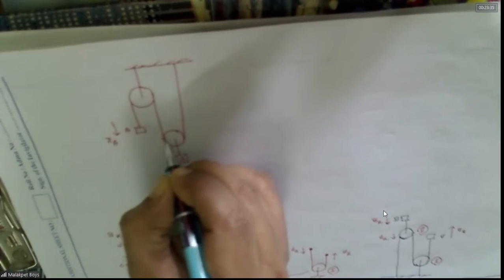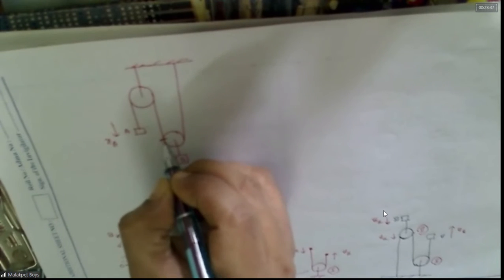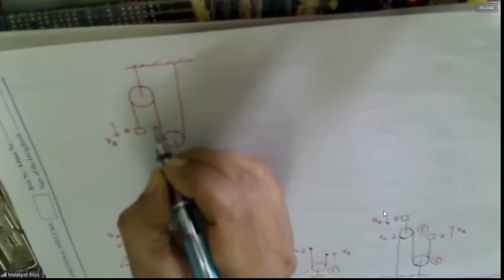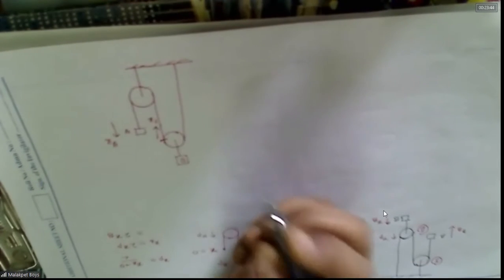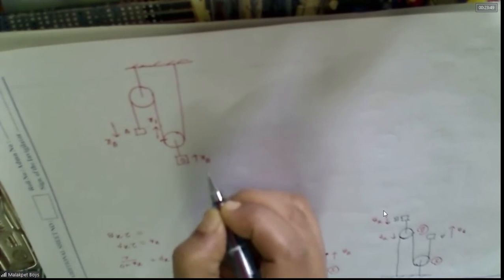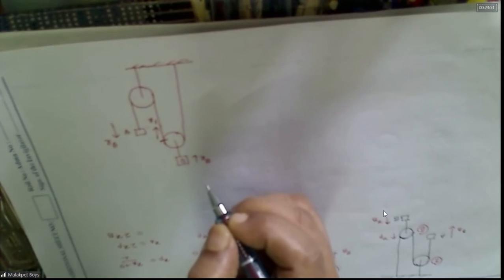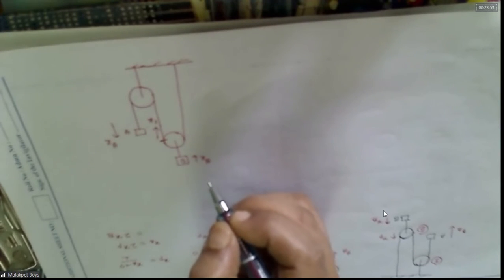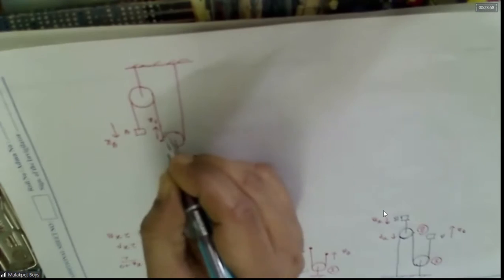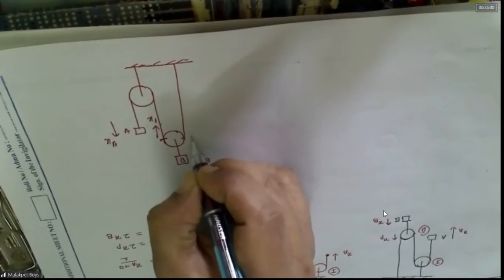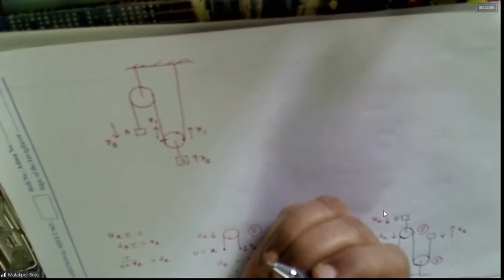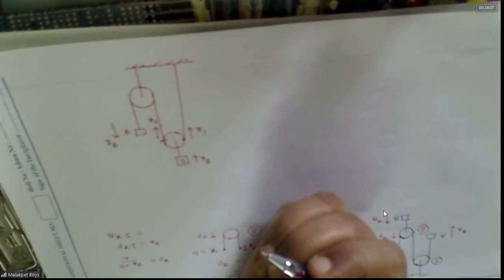This point is there now. This point, that means this other point may go up like this. I'll call it some x1. Okay, this is xb. Do you agree with this? So if this point goes like this, this also has to go up like this now. Do you agree with this or not? Yes, sir.